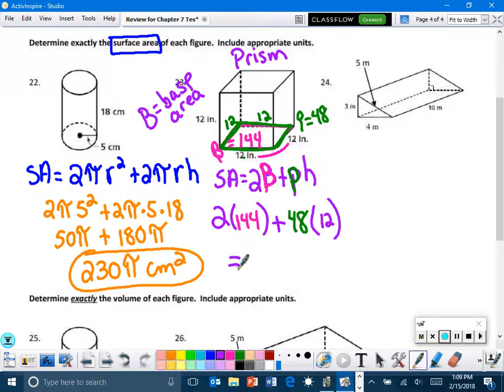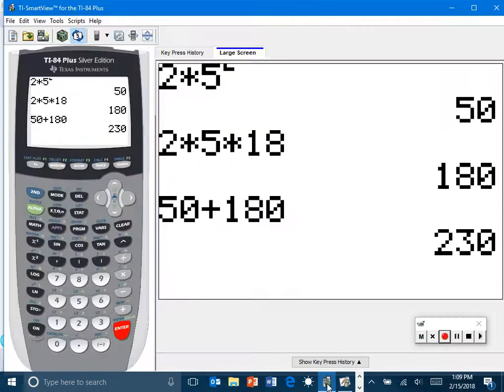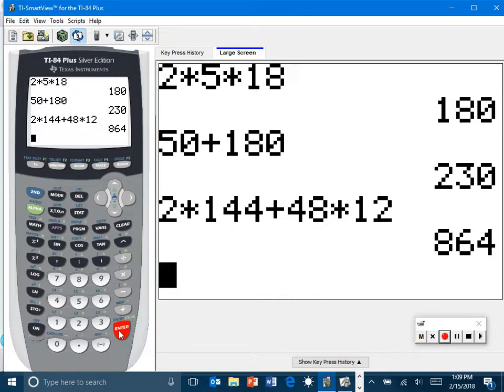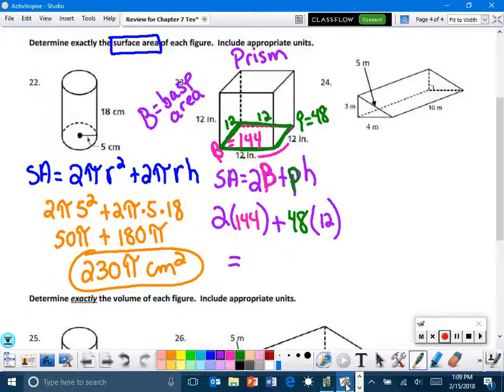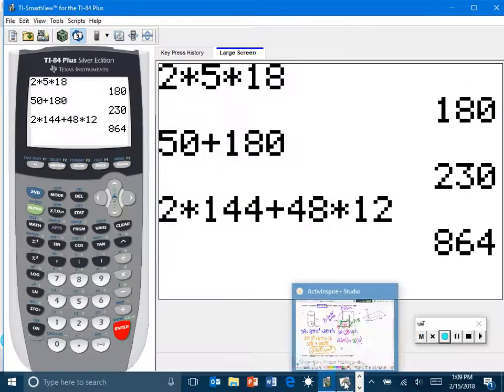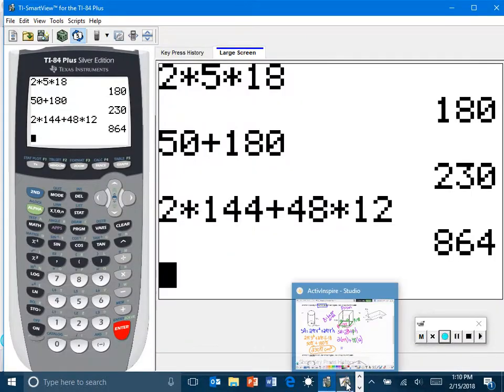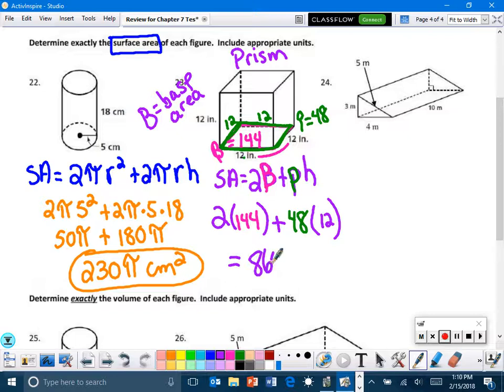So 2 times 144 plus, whoops, I forgot a 4, 144 plus 48 times 12. 864. Hopefully I did that right. Let me double check. 2 times 144 plus 48 times 12. That is correct. 864. So my answer is 864 inches squared.